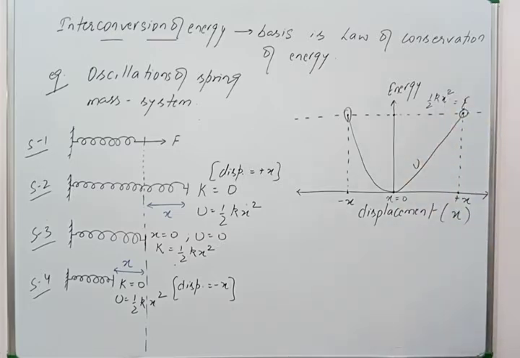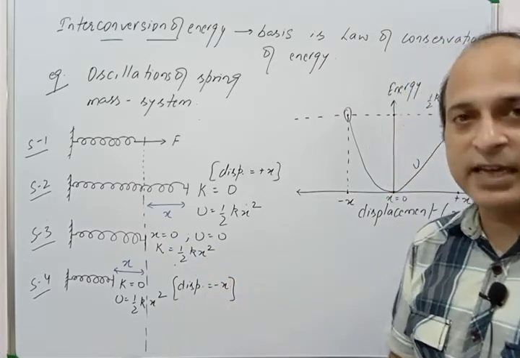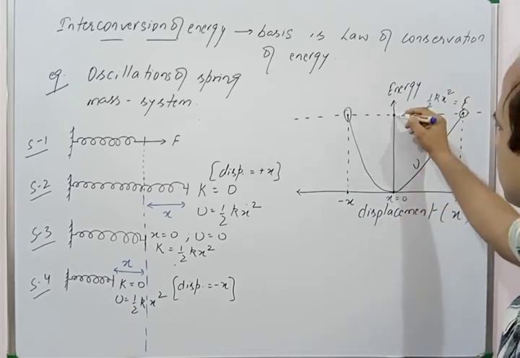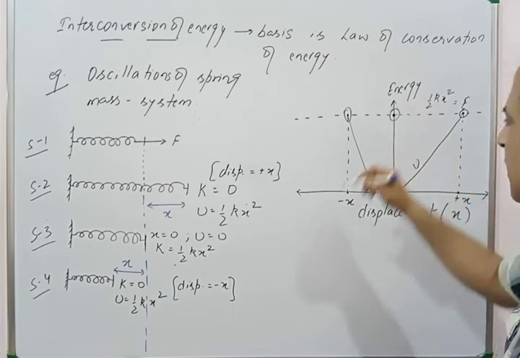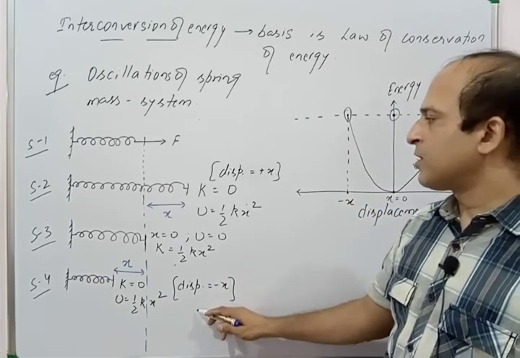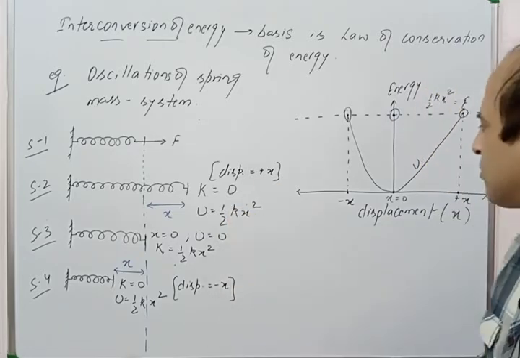Now let us plot the trend of kinetic energy. Look at kinetic energy carefully. When x was 0, kinetic energy was maximum, equal to half kx square. That means at x equal to 0 kinetic energy is maximum. So the blue coordinate I will get here. The blue coordinates correspond to the kinetic energy. But when the compression is x or the elongation is x, the kinetic energy is 0 at both the points.